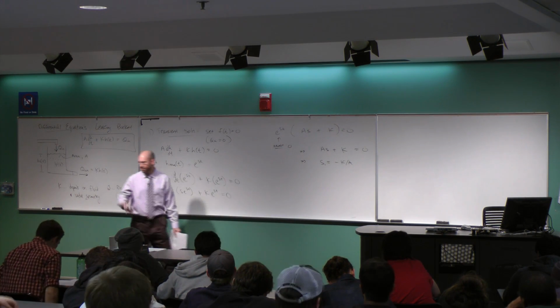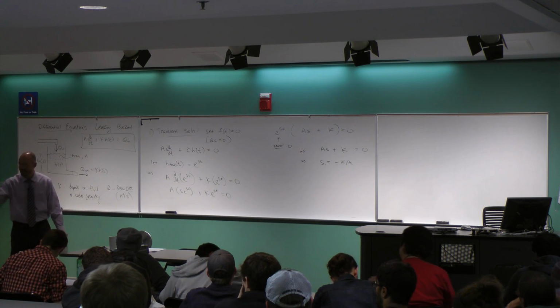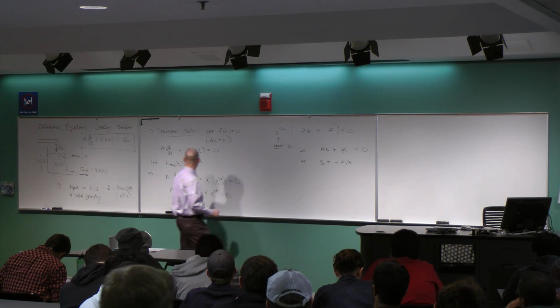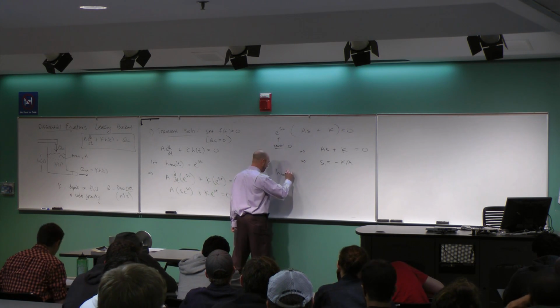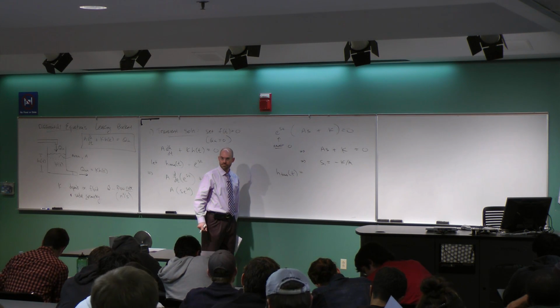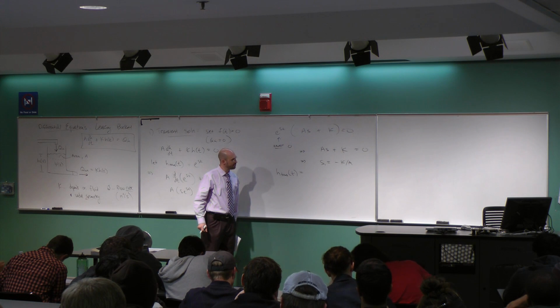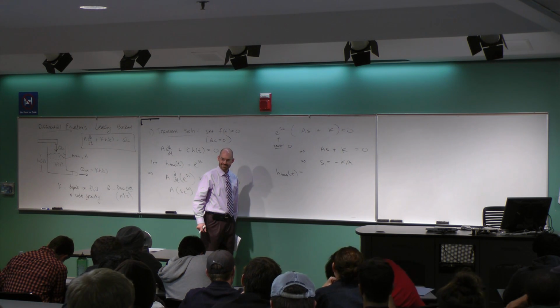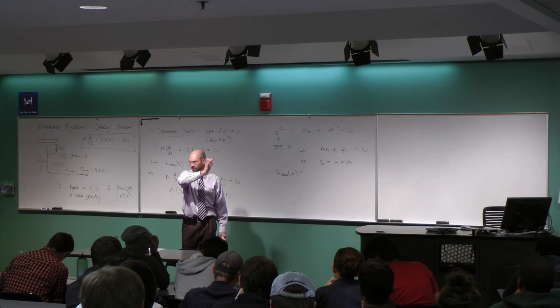So I find all the possible s's. It's a first order equation. There's only one s. And that means the transient solution has to be then what? So in the most general sense, forget the a's and k's and everything.